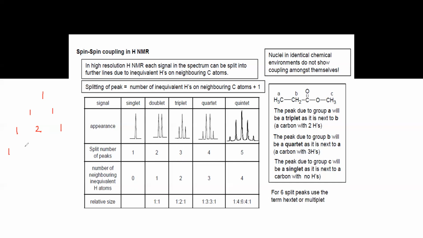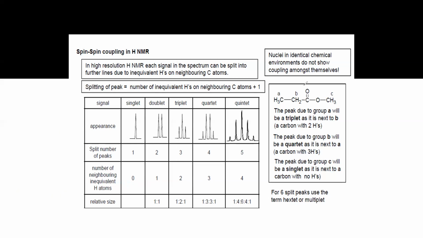Then 1, 3, 3, 1: 1 plus 2 is 3, 2 plus 1 is 3, and then 1. Then further splitting: 1, 4, 6, 4, 1, where 3 plus 1 is 4, 3 plus 3 is 6. Then 1, 5, 10, 10, 5, 1. So this is the Pascal table you can make. It's better you learn the first 5, the relative intensity or the splitting.